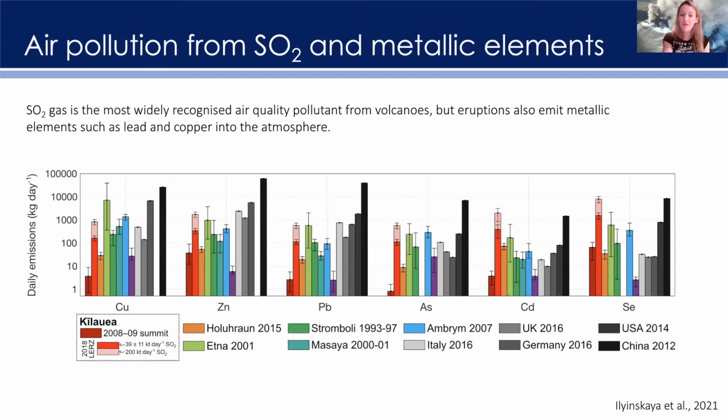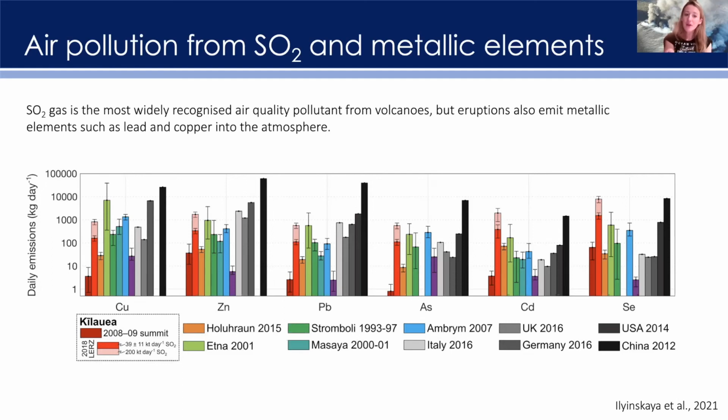If you look at the graph at the bottom, we've got some major metallic species, from copper, cadmium, arsenic, and then we show the daily emissions in kilograms per day on the y-axis. We've compared several major lava flow producing eruptions, in the colors, to the output of these metals from nations like the UK, Germany, USA, and China.